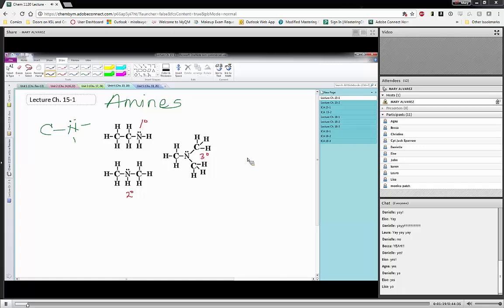Additionally, just so that you can see this, if I did this in line structure, it would look like that. This would look like this. The hydrogen would have to be shown because it's attached to nitrogen, which is a heteroatom. This one would be NH2 to the left. Condensed structure, you'd see this one as CH3, CH2, NH2, right here.